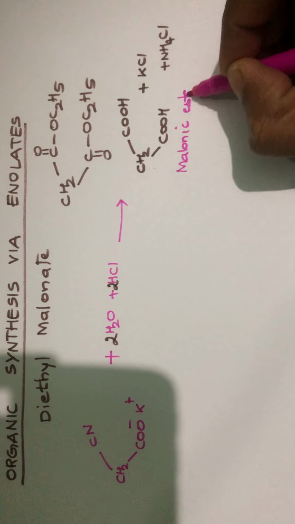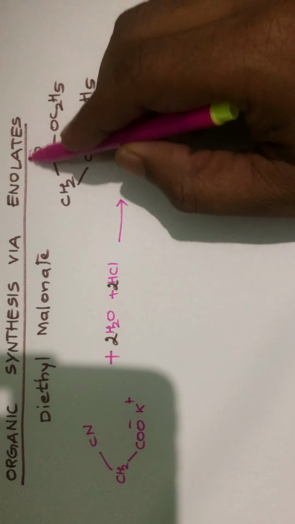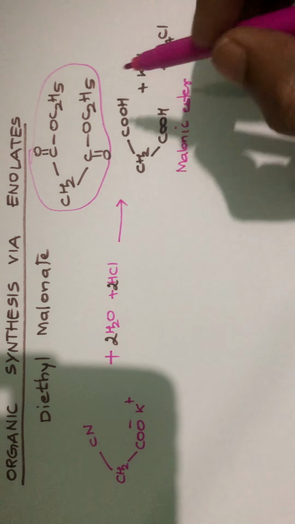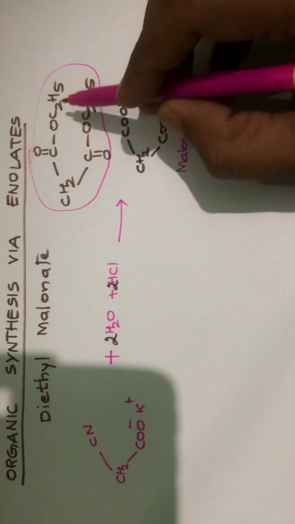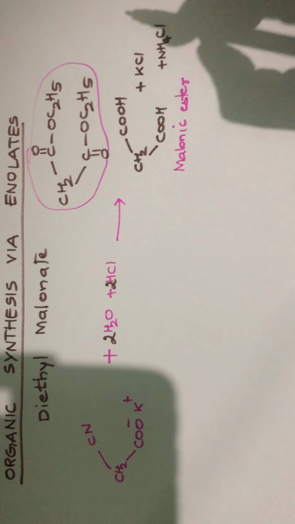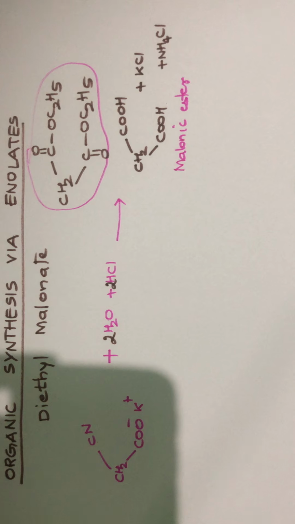But we are targeting the preparation of an ester, the malonic acid ester, so the acid groups should be converted into ester. You know an acid can be converted into an ester by treating it with alcohol, and that reaction is called an esterification reaction.